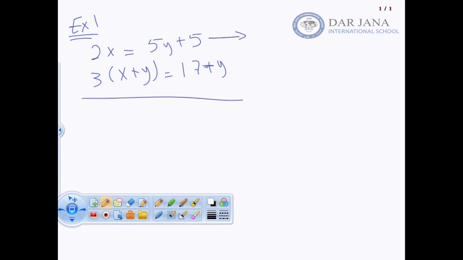So simply, 2x equals 5y plus 5. I can subtract 5y from both sides.